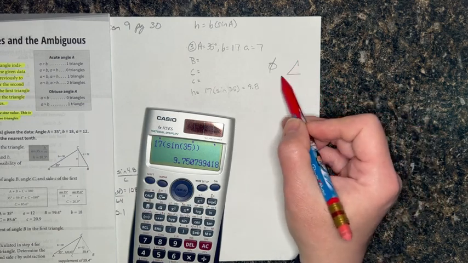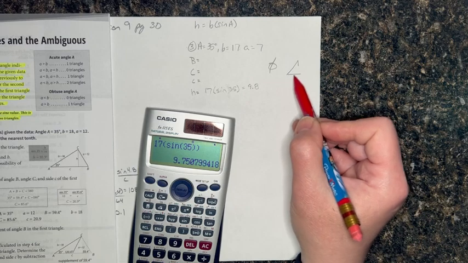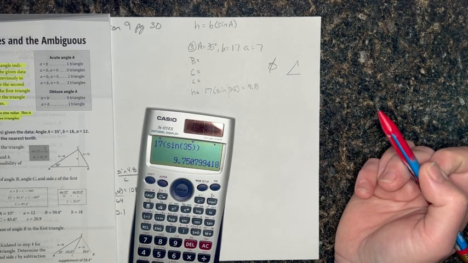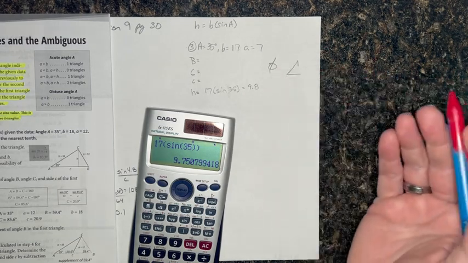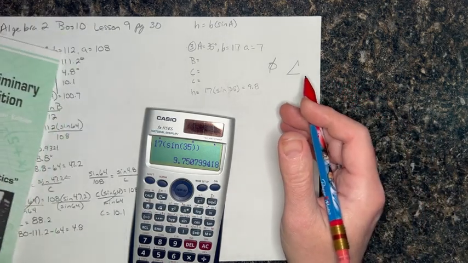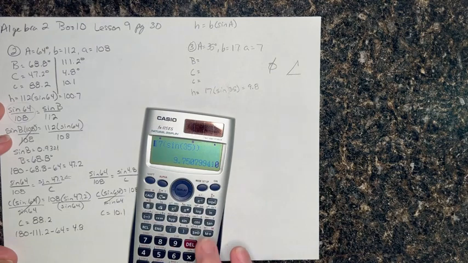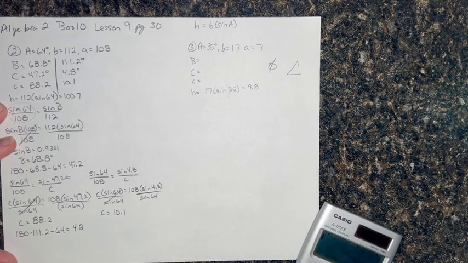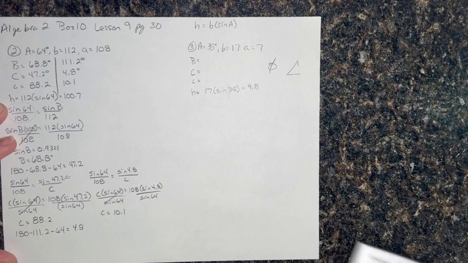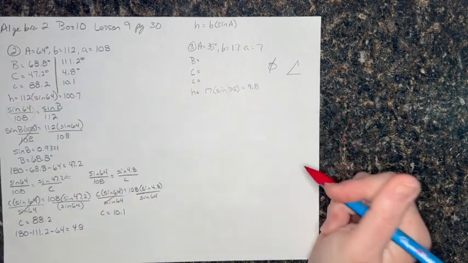The piece doesn't go far enough to reach the other side. Okay, so there are no triangles. That's great. Number 3, we're done. Make sure you're checking with that little box. That little box is our friend and helps us to not do work that we don't need to do.